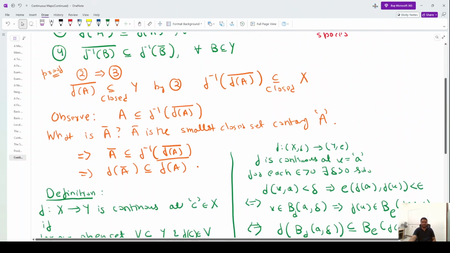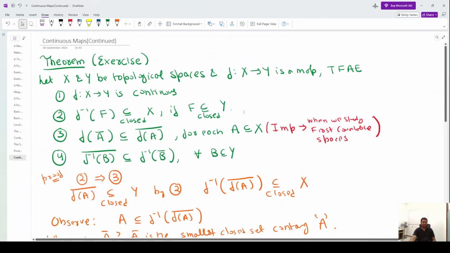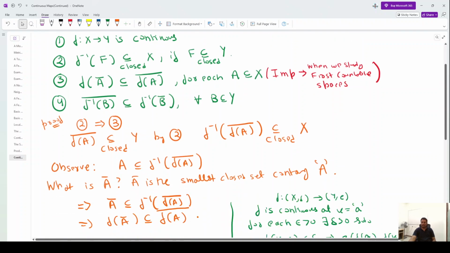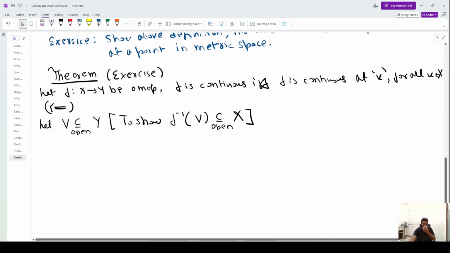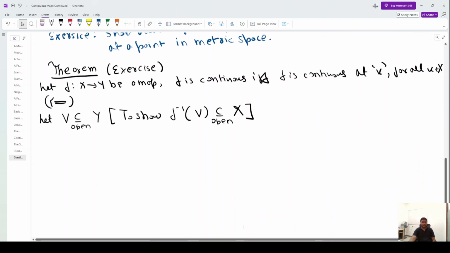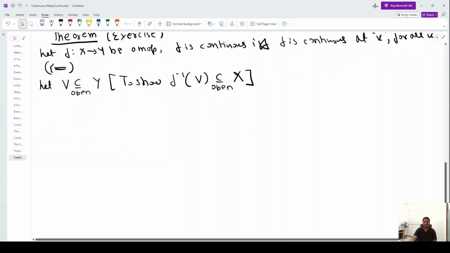So let us see how we can do this. Now you are talking about continuity at a point, so you have to take a point. Let x belong to f inverse of V be arbitrary.